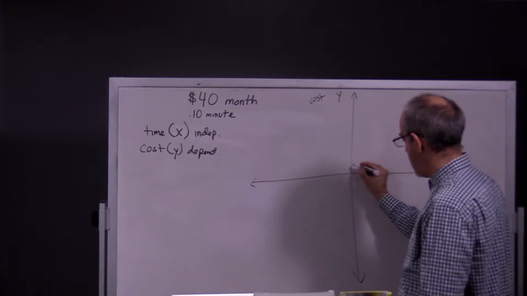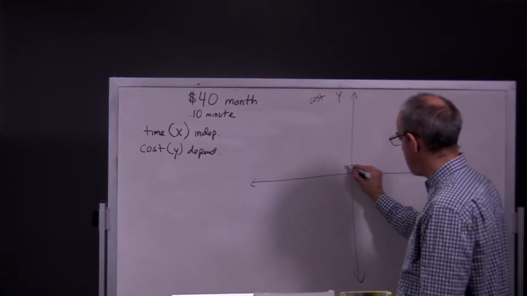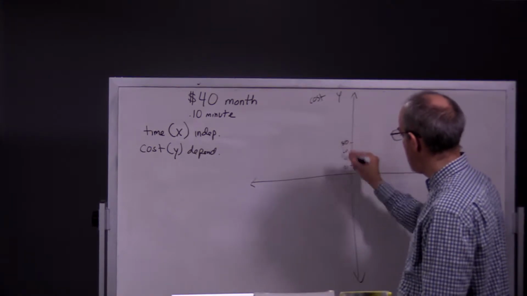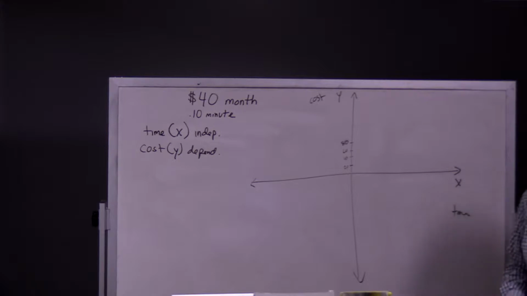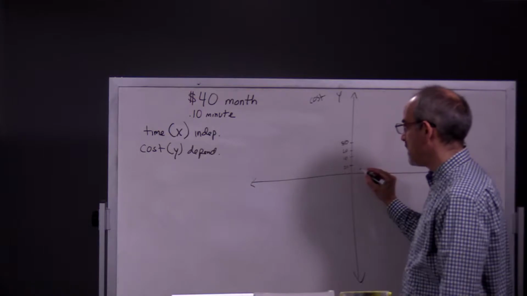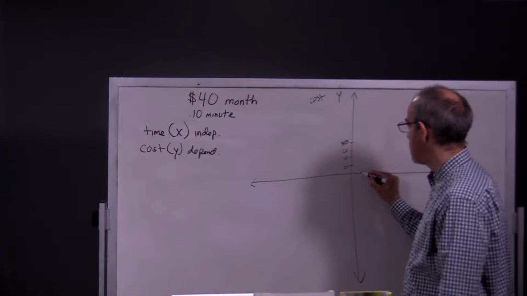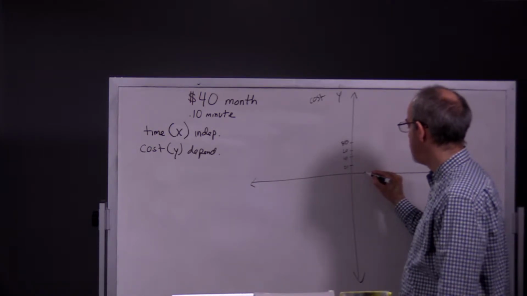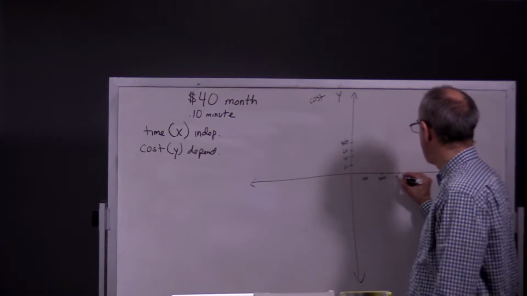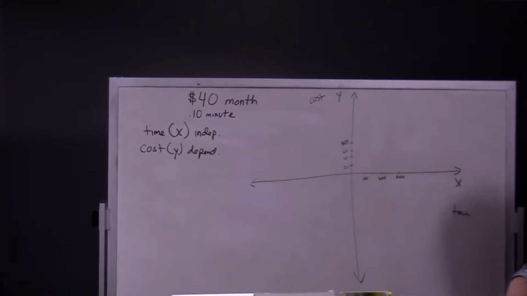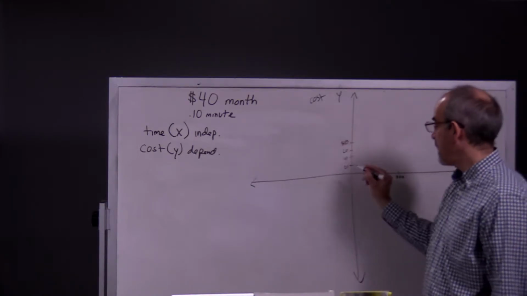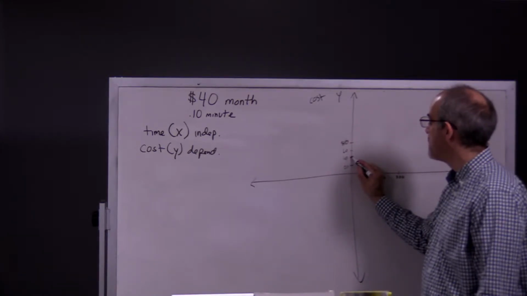So let's go in increments of $20, I guess. If you don't talk at all, the time is 0, and the phone still costs $40.